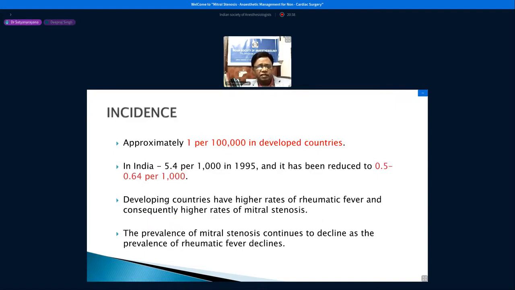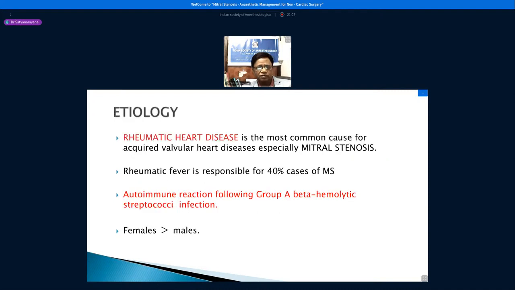The incidence is approximately 1 in 1 lakh in developed countries, whereas in developing countries like India it was about 5.4 per thousand cases up to 1995, but it has been reduced drastically to 0.5 to 0.64 per thousand cases. Developing countries have higher rates of rheumatic fever, so higher rates of mitral stenosis. The prevalence of mitral stenosis continues to decline because the prevalence of rheumatic fever declines.